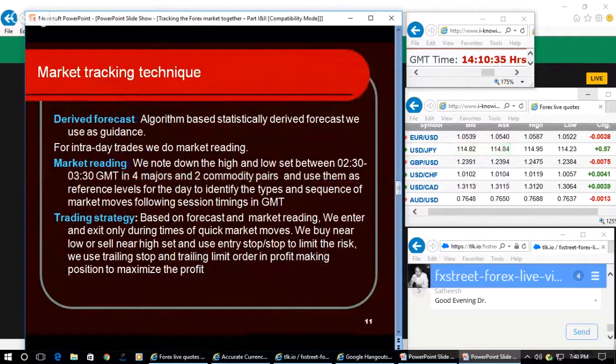So my trading system consists of three components, namely the derived forecast and fine-tuning the derived forecast using the market trading technique. Then I use the trading strategy, but I give more importance to the trading strategy because the forecast need not be 100% perfect. There can be an element of error in our estimate.